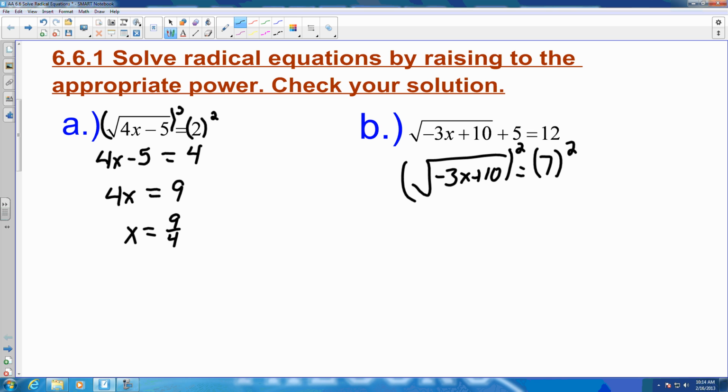So on the left-hand side, I have negative 3x plus 10 equals 49. Now I can solve for x. So I'm going to subtract 10 from both sides, so that's negative 3x equals 39. Dividing both sides by negative 3 gives me x equals negative 13.